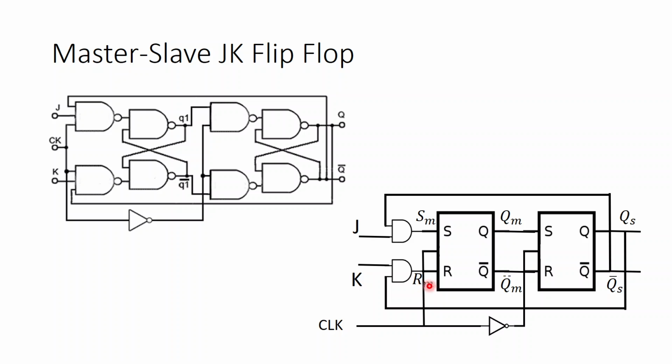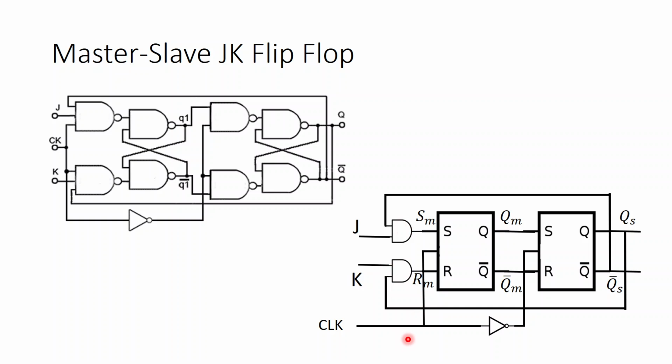So SM and RM are denoted as the master SR inputs, and the feedback of these JK AND gates are coming from the actual output, which is the output of this second SR flip flop, which is the slave flip flop. So the outputs are denoted by QS and QS bar. So these are coming as feedback. Okay, so this is the configuration.